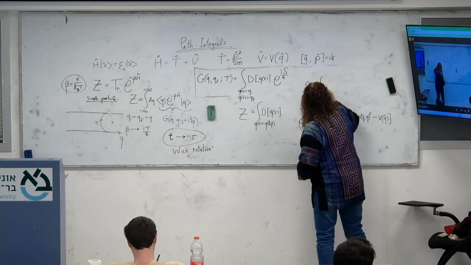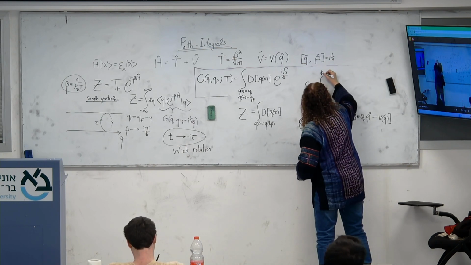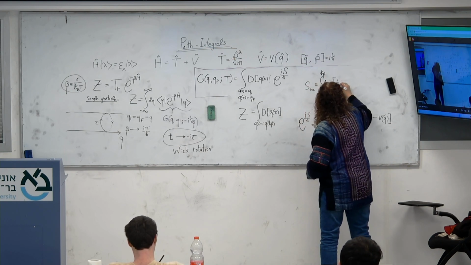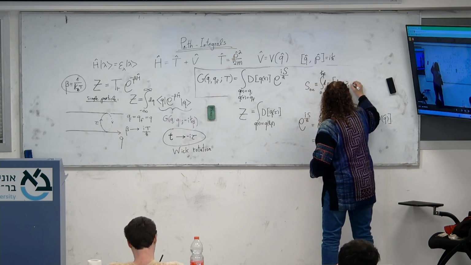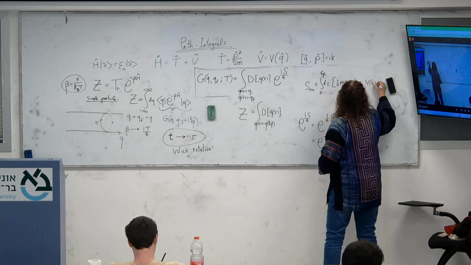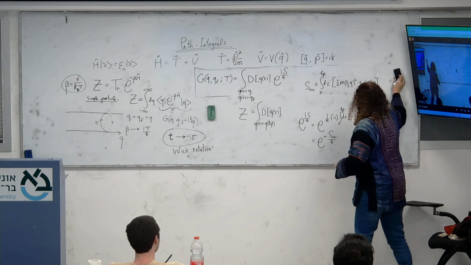It's an integral from 0 to h bar beta d tau of 1/2 m d tau q squared plus V of q. Okay?